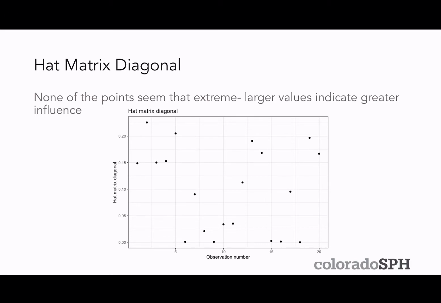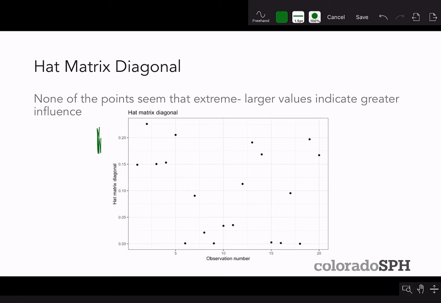Next, we're going to look at the hat diagonal matrix. This statistic is a measure of leverage or potential influence, basically how extreme the observation is in the predictor space. So I'm basically looking to see if any of these points are more extreme than the rest of them.